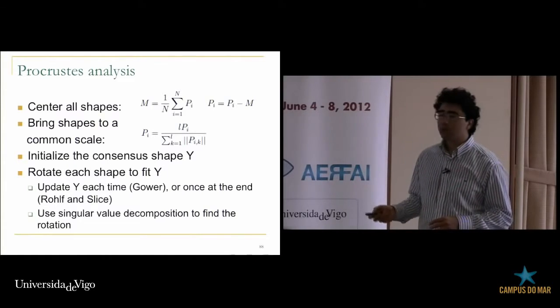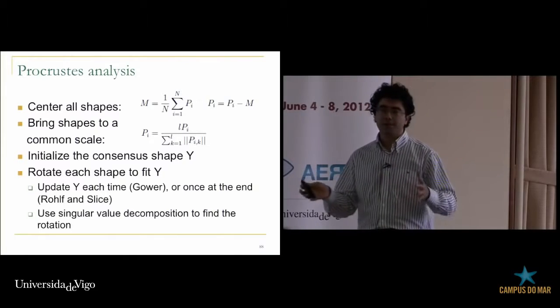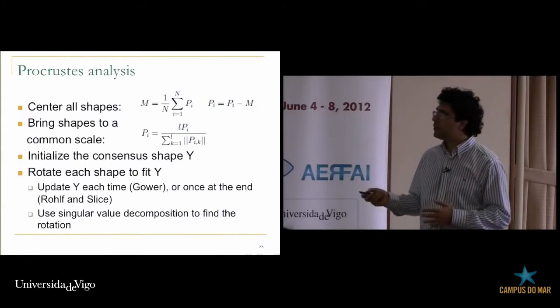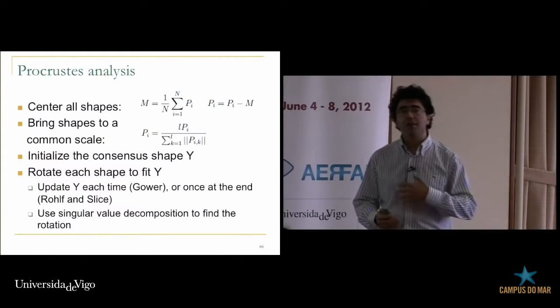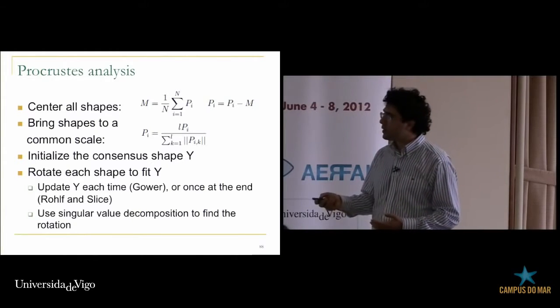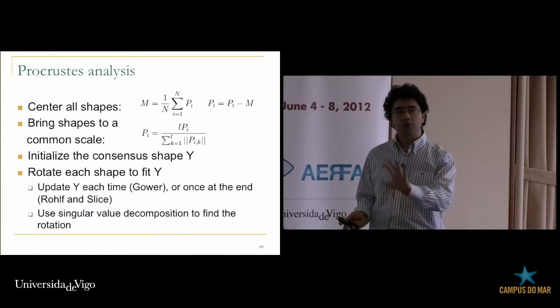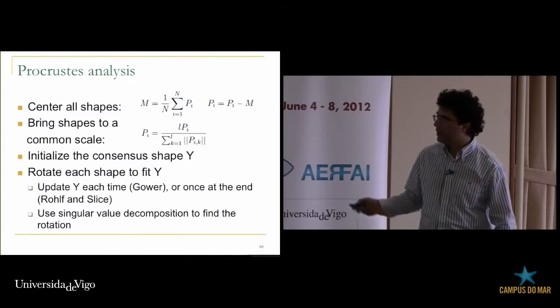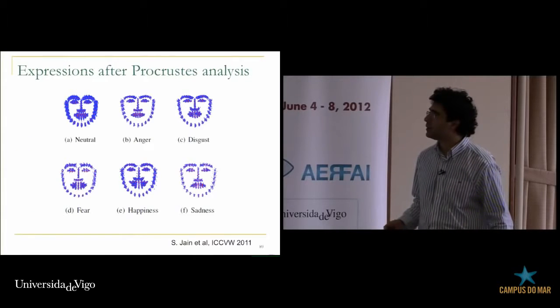You use a singular value decomposition to find the best rotation. And then you update your consensus shape as the average of these shapes. Well, you can update it each time you fit a shape to the consensus shape, or once at the end, like online and batch ways of doing.